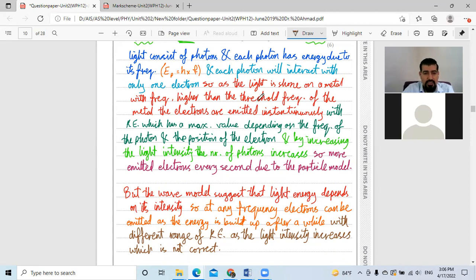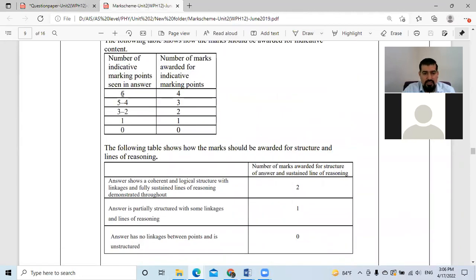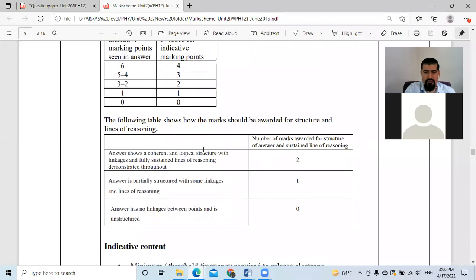As we can see here on the mark scheme, if you write 6 ideas, 6 points, you get 4 marks. If you write 4 or 5 points, you get 3 marks, and so on, 2 marks. So it depends, and the other 2 marks, the extra 2 marks here, are on the linkage. They said there are other 2 marks if your language is common sense language, obvious and clear.